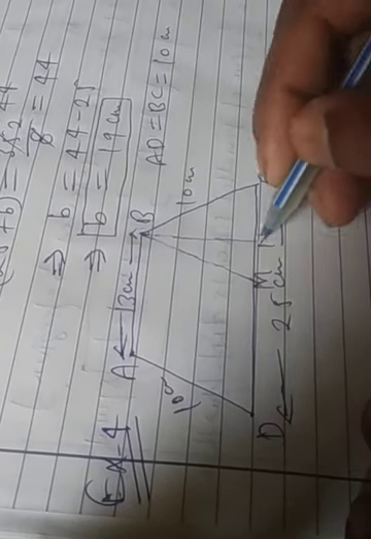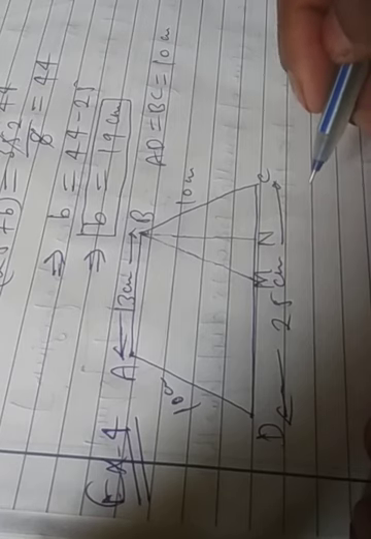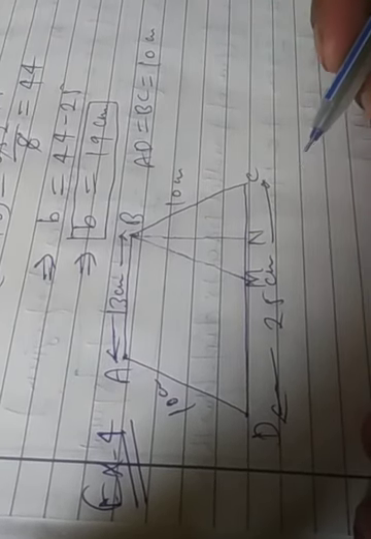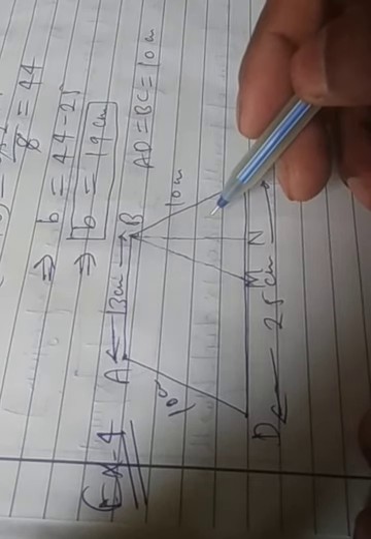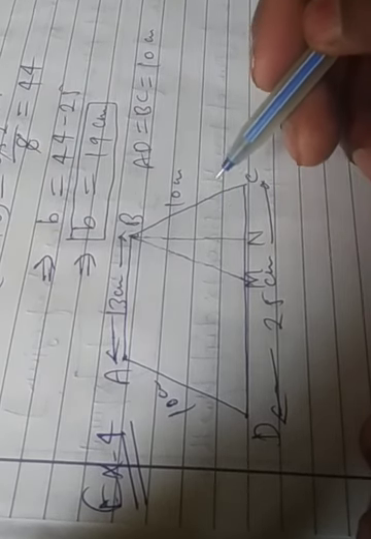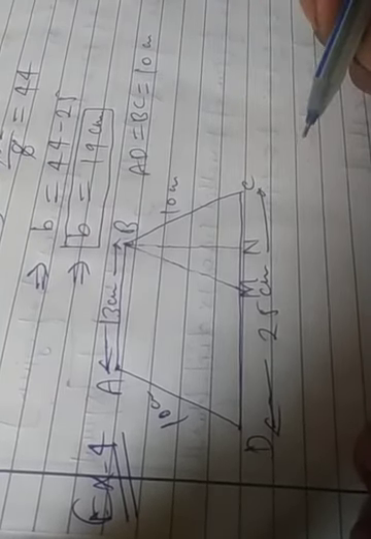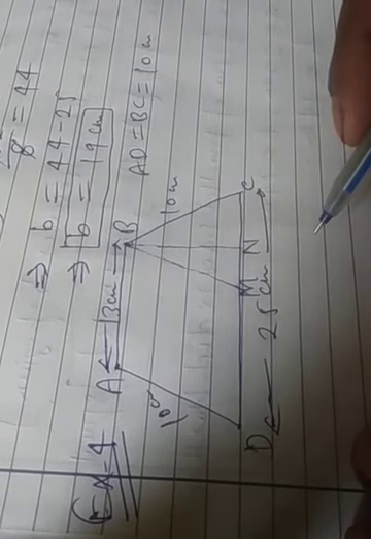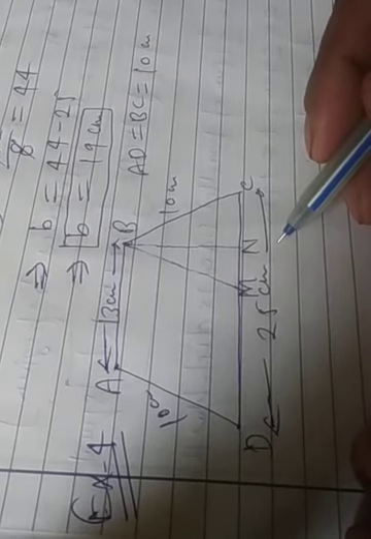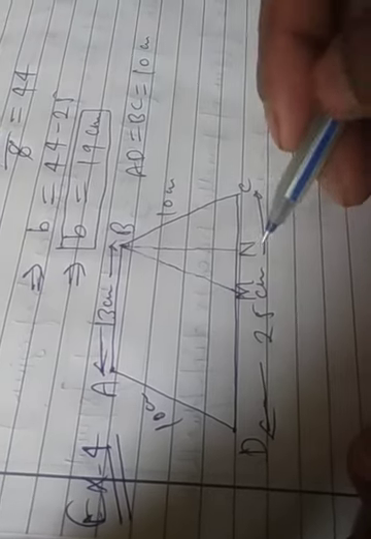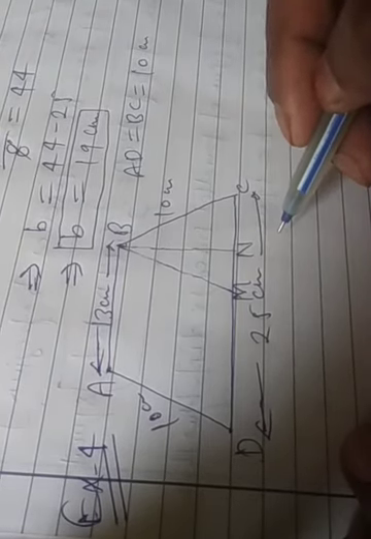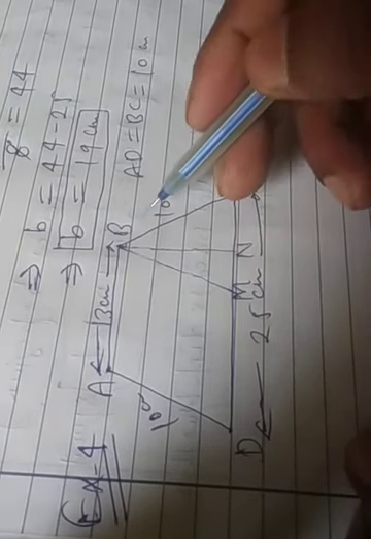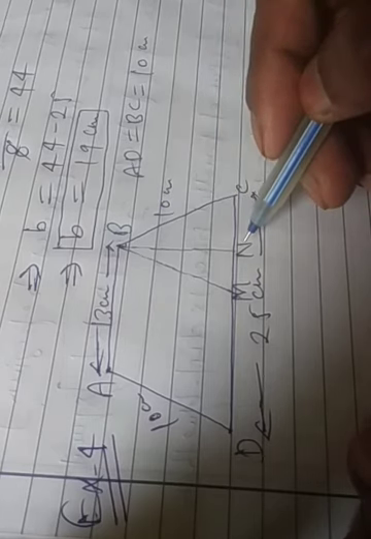Let us take this as N. Now we have to find out the area of this trapezium, and we use here the Pythagoras theorem.